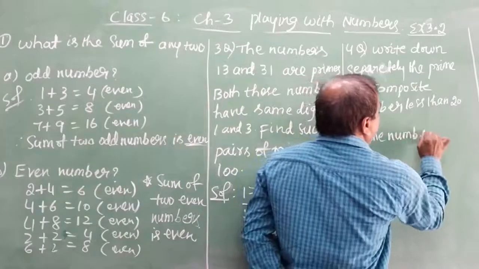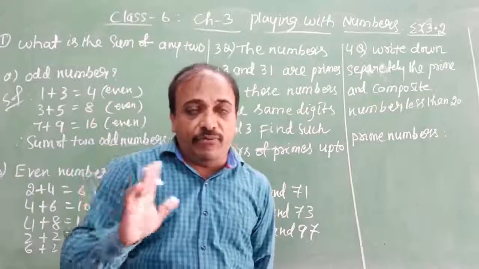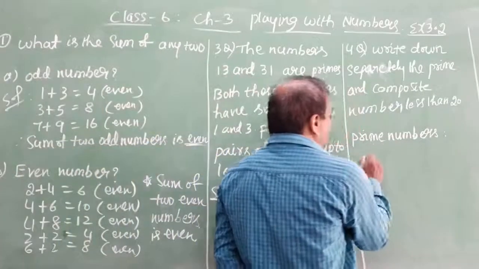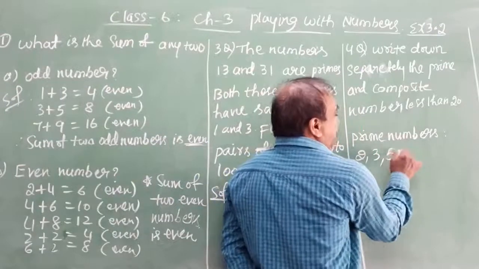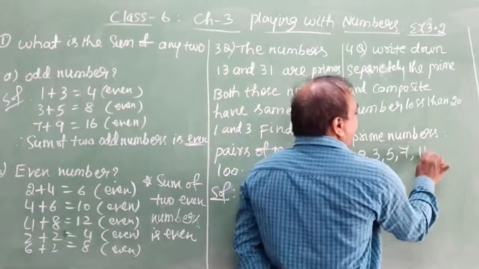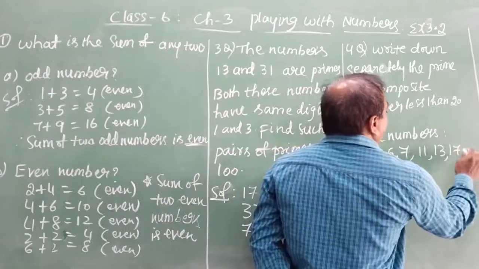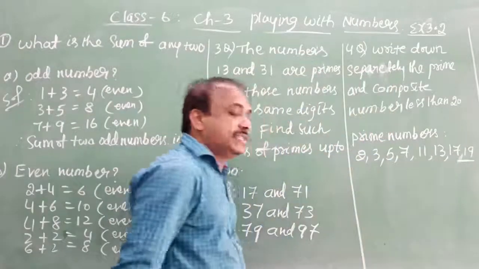Prime numbers less than 20, meaning 20 will not count: 2, 3, 5, 7, 11, 13, 17 and 19. These are the prime numbers.